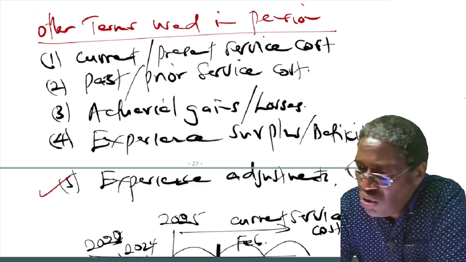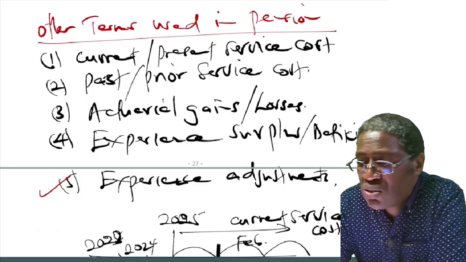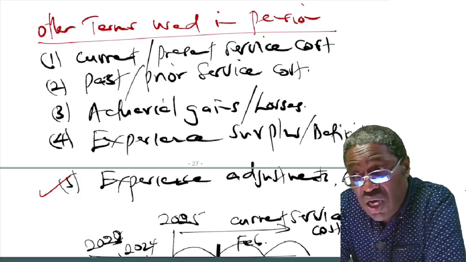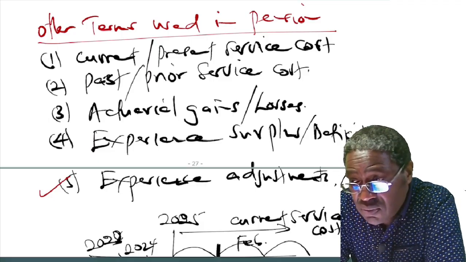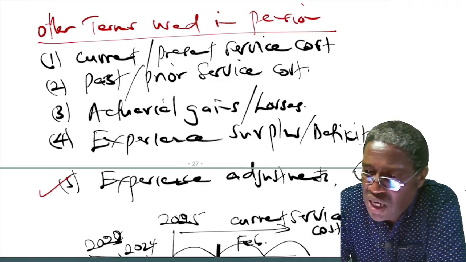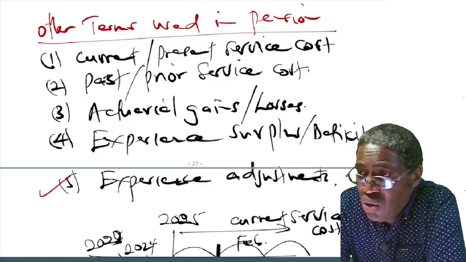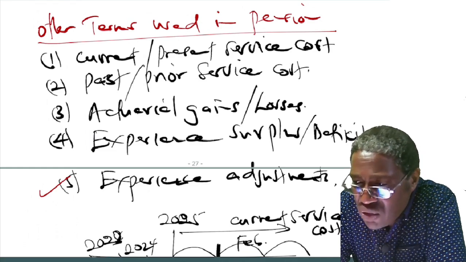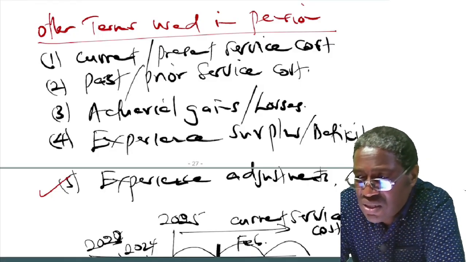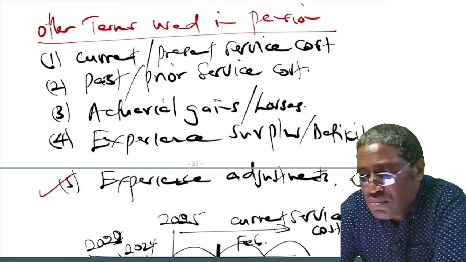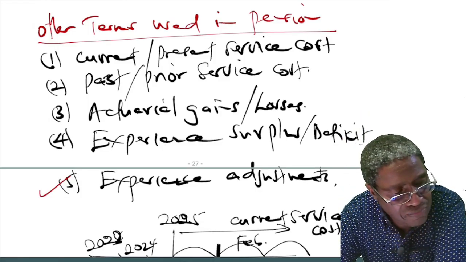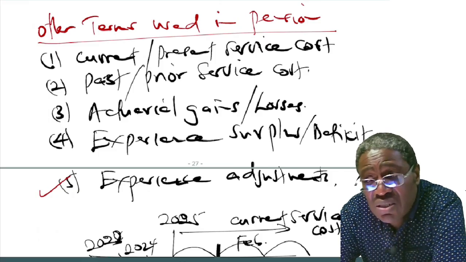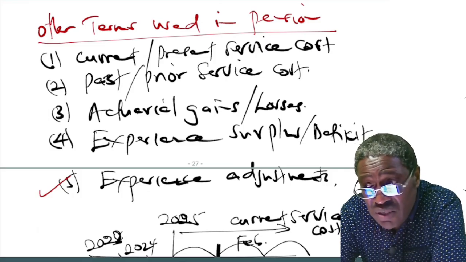Actuaries, you can call them actuaries, whatever you want to call them, deal with several uncertainties when estimating the cost of a pension scheme. Full stop.